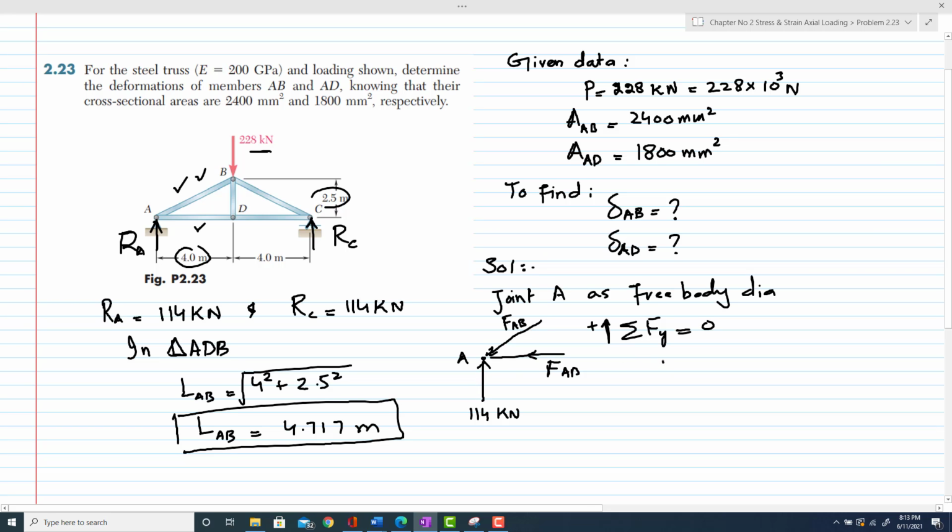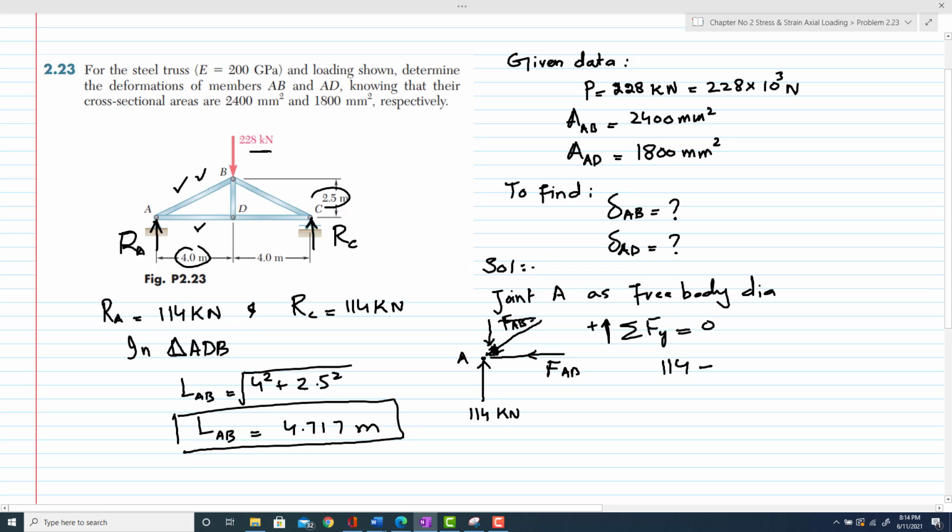One is this 114 force in the upward direction, and the second one is the vertical component of FAB. You can take this force in either direction, which depends on how you solve the problem.